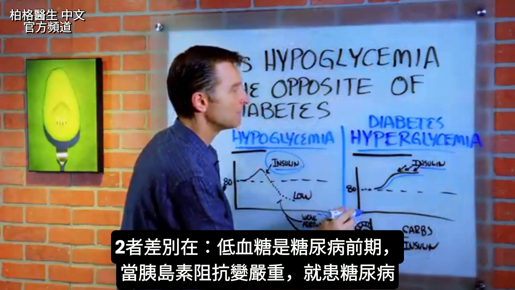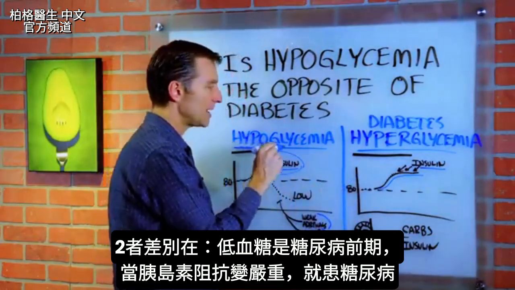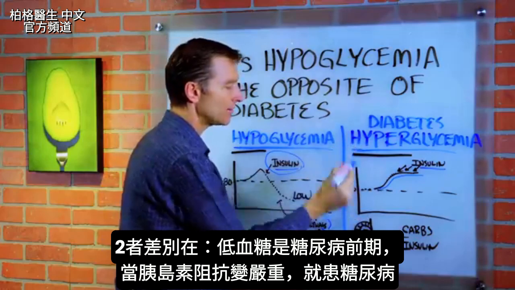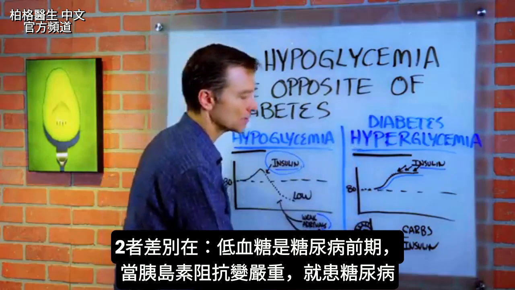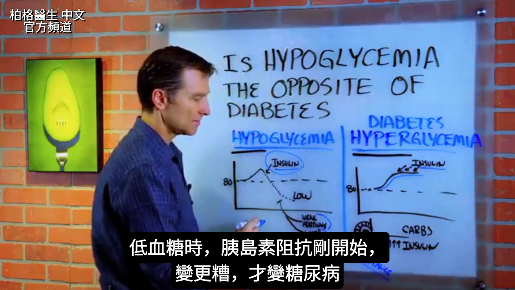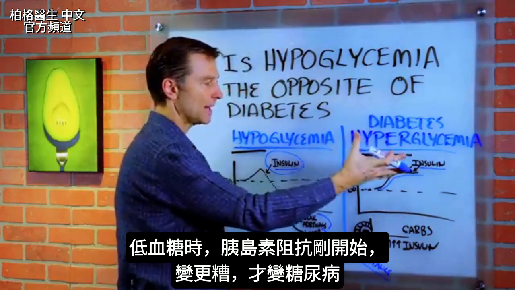But the point is that the difference here is that this is actually a pre-diabetic state. And when you get to this level, you just have a lot more insulin resistance. Insulin resistance is just starting at this level. It gets worse and worse, and then eventually you end up a diabetic.